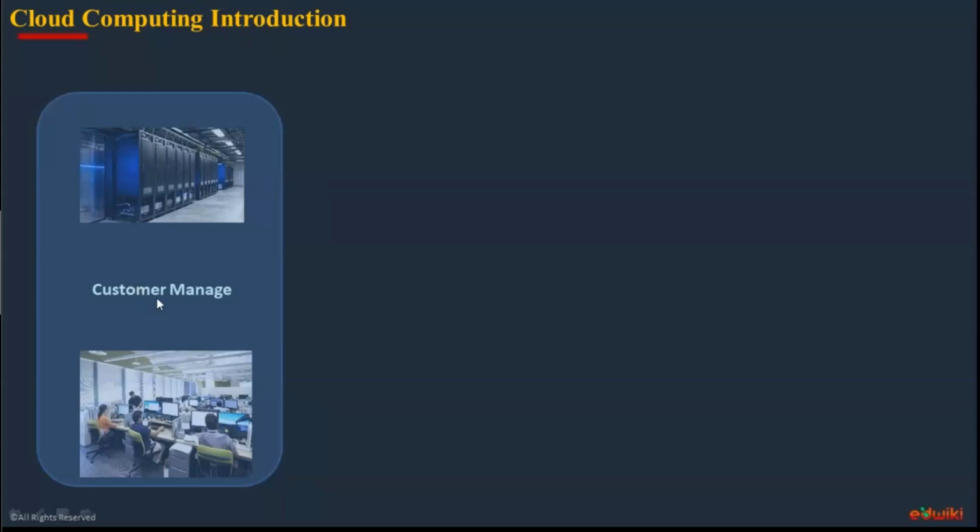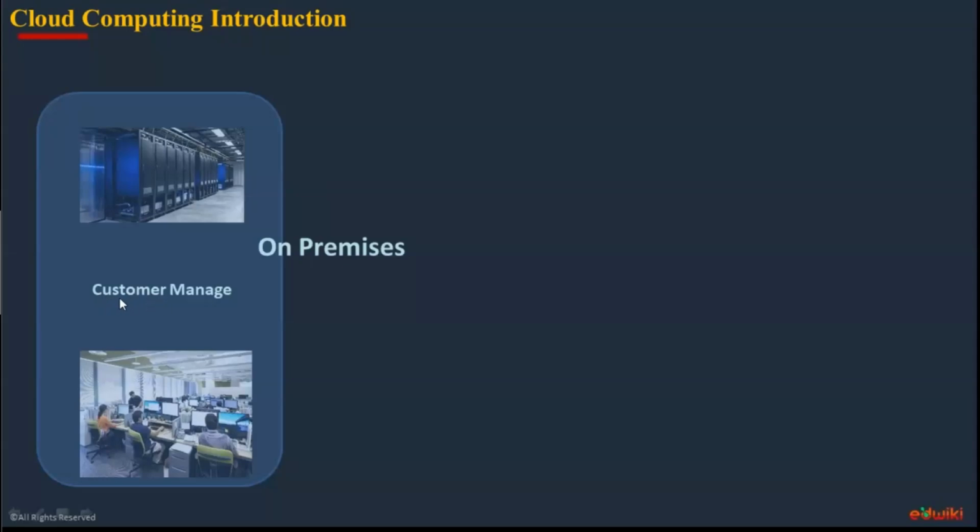That is called a customer managed data center, where my employees are connecting and doing some things there, right? Which is also called an on-premises data center. On-premises is a terminology that tells that the data center is owned and maintained by the customer itself.